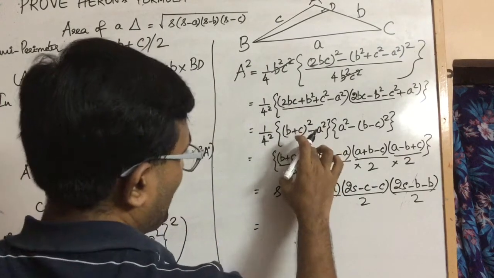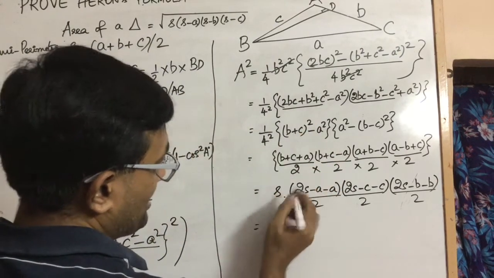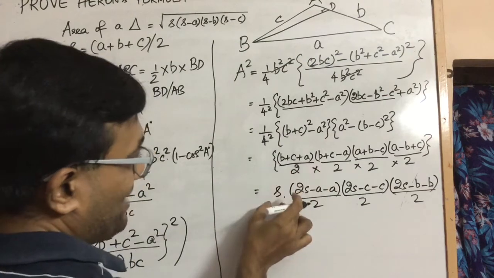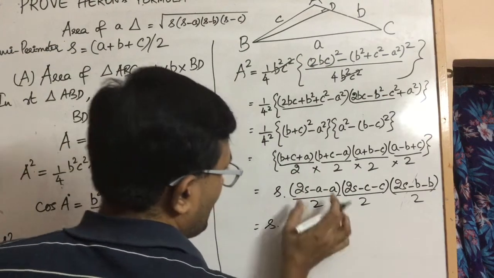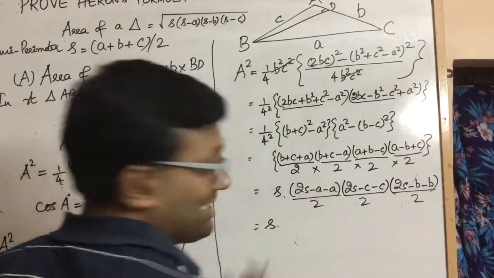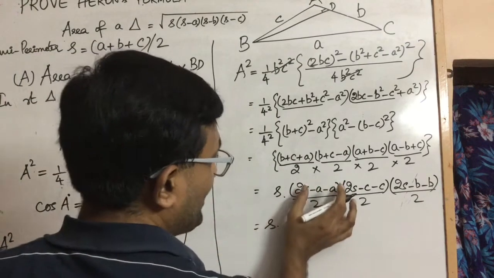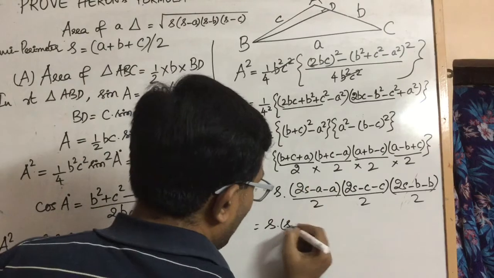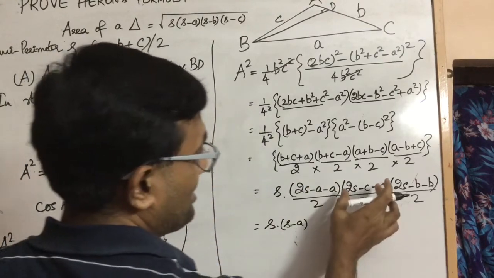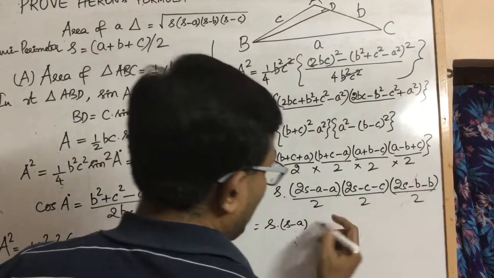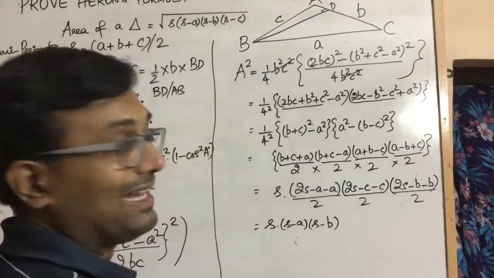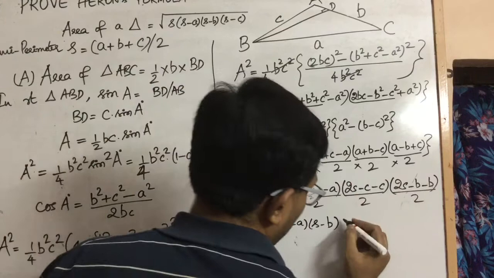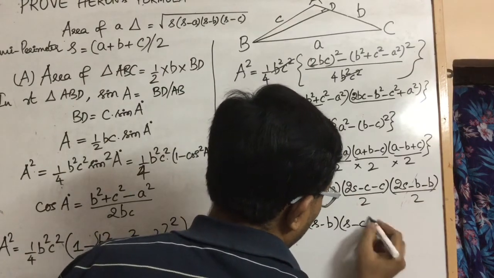Because A plus B plus C divided by 2 is S, this 2 is already part of S. So we have S into twice S minus A, 2S minus 2A divided by 2 is going to be S minus A, into 2S minus 2B divided by 2 is going to be S minus B, into 2S minus 2C divided by 2 is going to be S minus C.